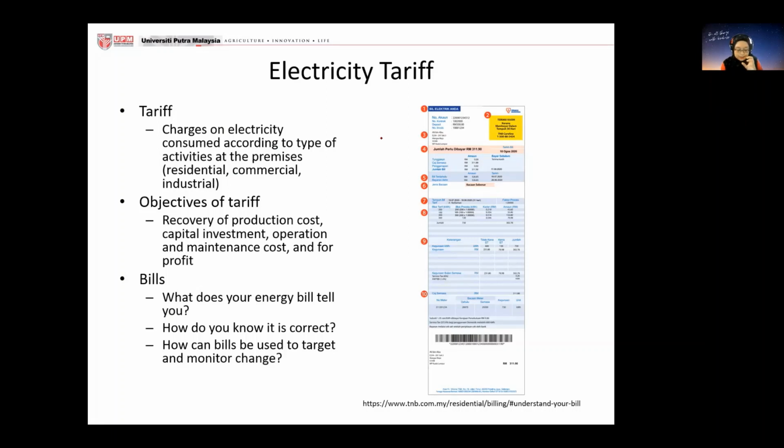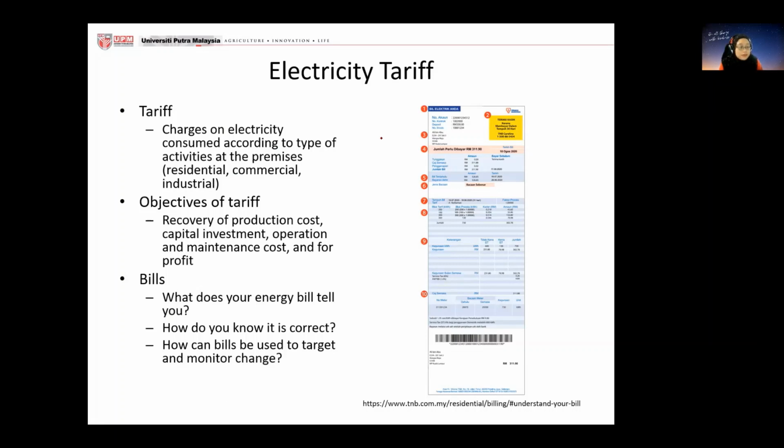The rates are different whether you are a residential, commercial, or industrial customer. Basically, the objective of the tariff is that the production of energy requires cost, so people, investors, need to recover that cost. It includes production costs, capital investment, operation and maintenance costs, and of course profit.